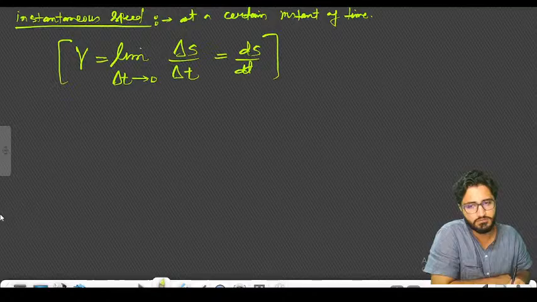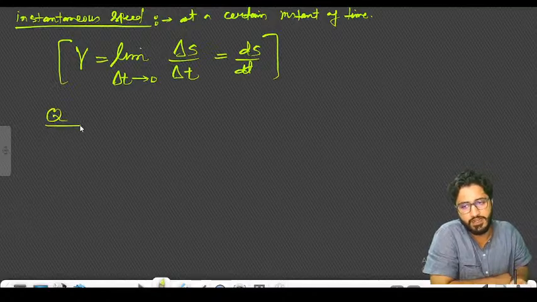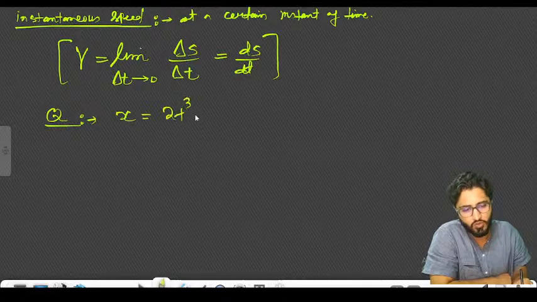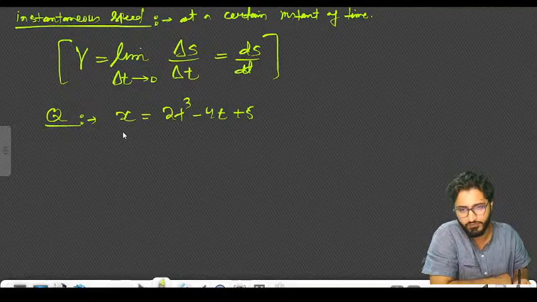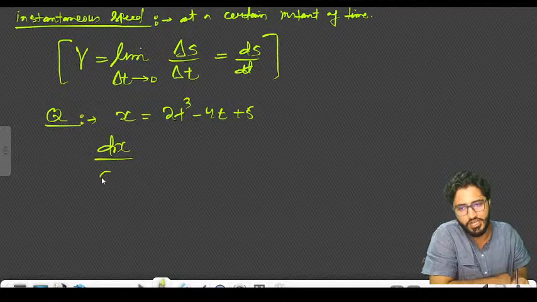Done? How, sir? So you will find a numerical. Suppose my x is 2t cube minus 4t plus 5. Find speed. So nothing, just differentiate this one. It is 6t square minus 4.